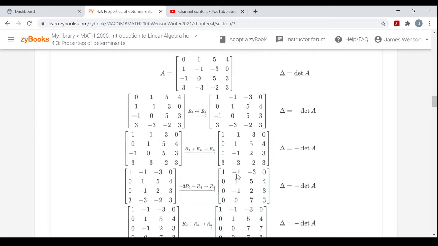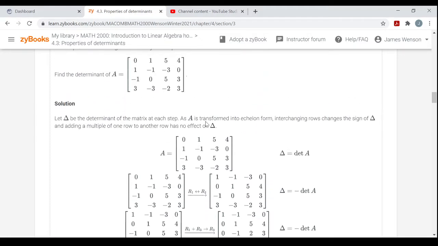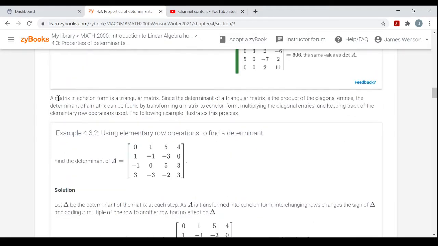So you see what's going on here is, they mention, remember that a matrix that's in echelon form is triangular. If you have a matrix in echelon form, it's going to be upper triangular. And if you recall from section 4.2, a triangular matrix has a very easy determinant.